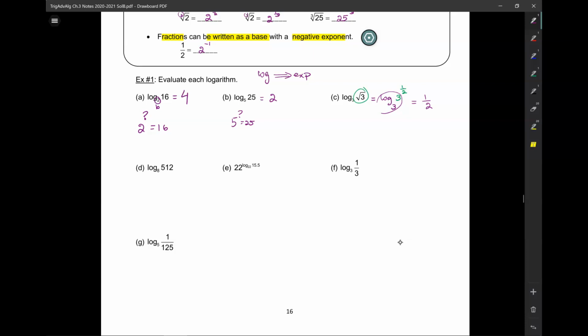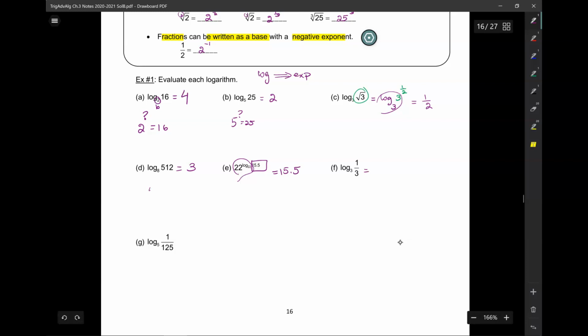And for this, you can do a little bit of trial and error with your calculator. 8 to the power of 3 is 512. So the exponent here is 3. Okay, this one. This is that pattern that I talked about before as well. b to the log base b of x: 22 to the log base 22 goes away and you're left with 15.5.